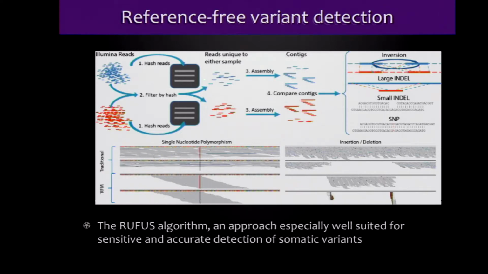We want to reduce all this data down to a very, very small subset that represents differences, and then compare those and get the mutations that way.